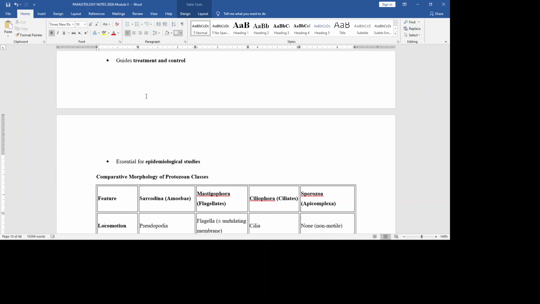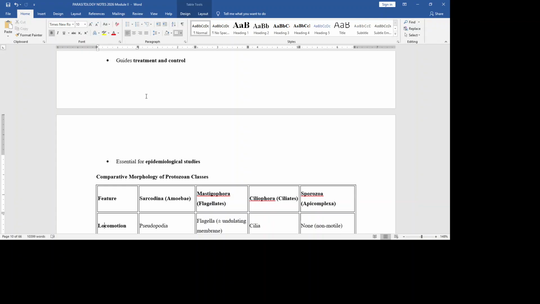So this morphology is very critical in identifying the type of parasite which is endemic in a given place, and it is also important in identifying emerging strains or species, because the ones that are commonly known to be endemic in a certain place, their morphology is known.